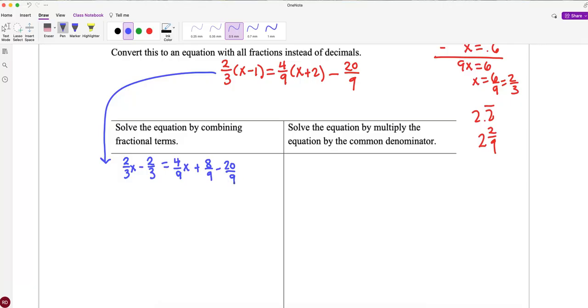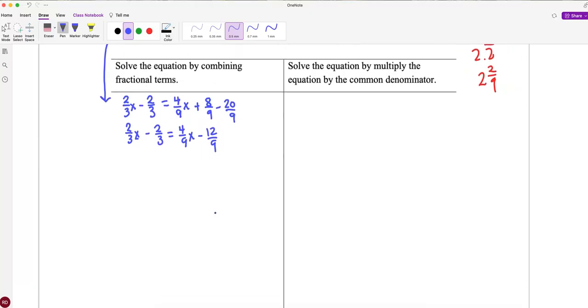So on the right, I can combine 8 minus 20, that's negative 12. So I get 2/3 x minus 2/3 equals 4/9 x minus 12/9. So I can subtract 4/9 x from both sides.